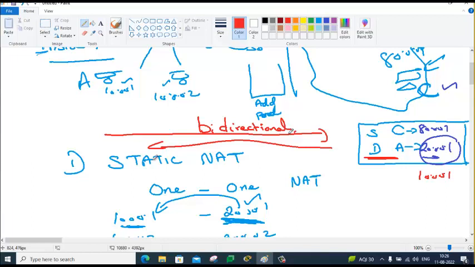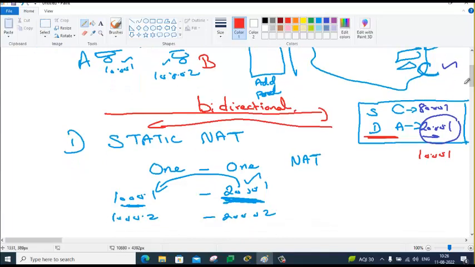If someone wants to talk from C to B, please tell me, what will be the destination address? Yes, correct, 20002.